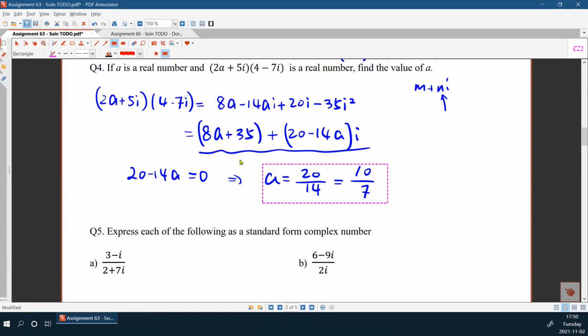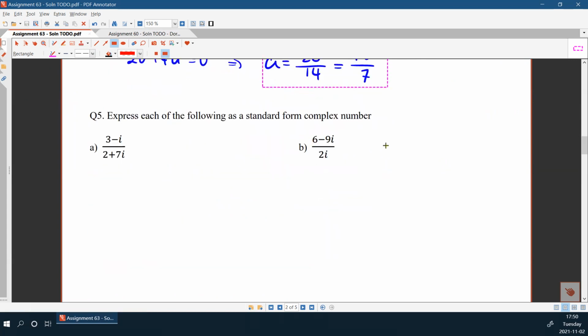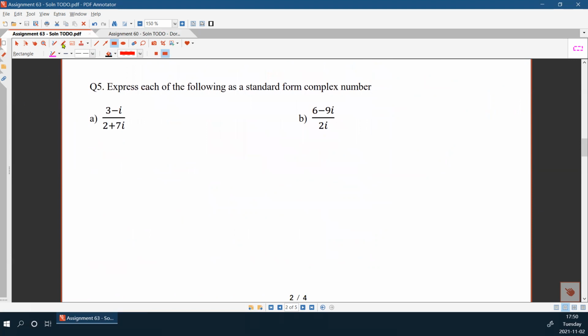Okay, next one, express each of the following as a standard form complex number. A standard form complex number has the form a plus bi, right? So our target is to convert each of the expressions into a complex number with this form. Usually we'll need to rationalize the denominator, right?